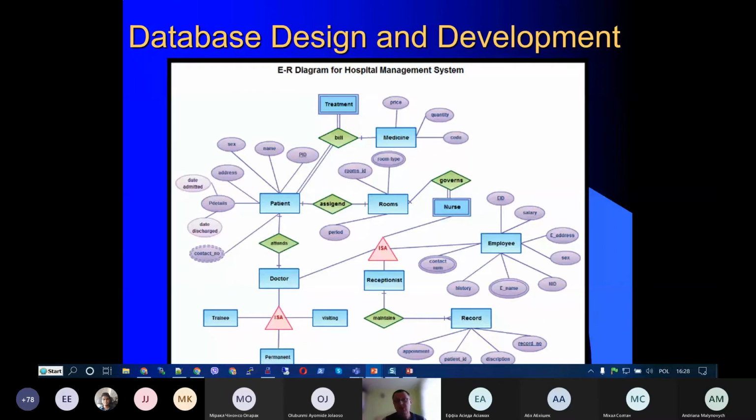One approach to visualize database structure is the entity relationship diagram. For example, like this one, which represents some parts of a hospital management system.